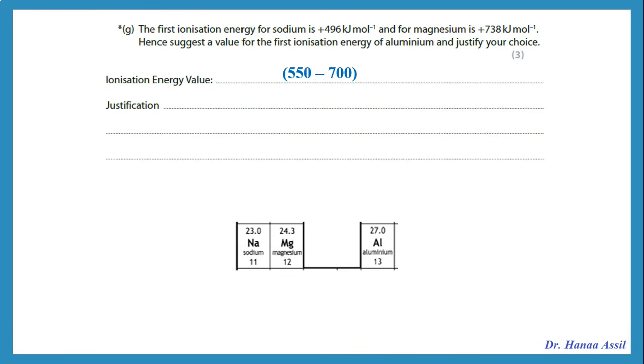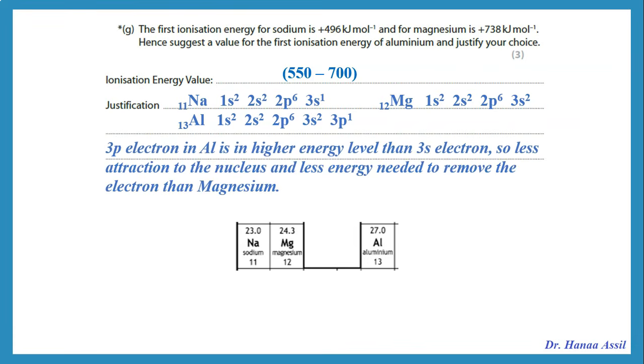So I would give it less than the magnesium, somewhere between sodium and magnesium. Why? Because the 3p electron in the aluminium is in a higher energy level than the 3s, so less attraction to the nucleus, less energy is needed to remove the electron than for magnesium.